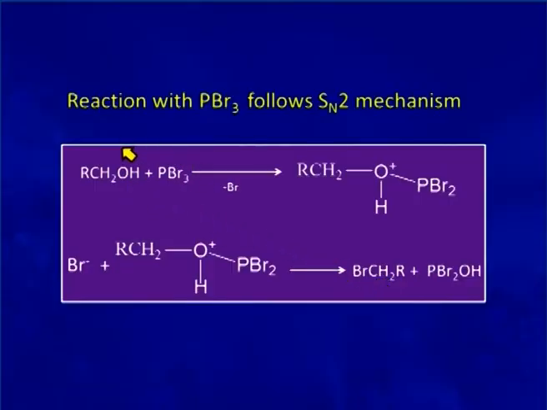Actually, if we start with an alcohol which is optically active and we undergo reaction with phosphorus tribromide, the product bromoalkane formed will have inversion of configuration. Say for example, we start with a dextrorotatory alcohol, the product formed will be a levorotatory bromoalkane.